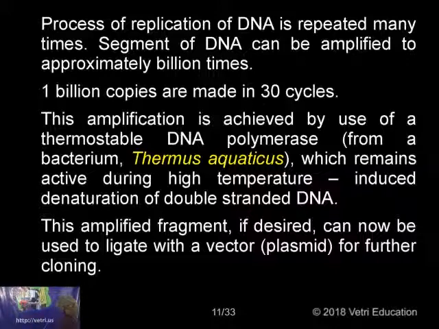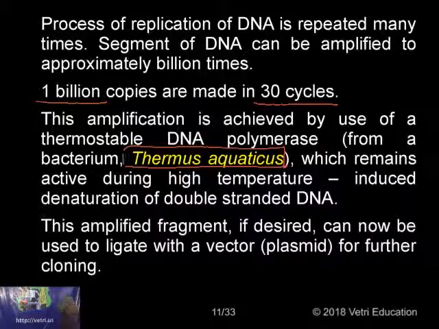In 30 cycles, you will be able to make 1 billion copies. This amplification is achieved by use of a thermostable DNA polymerase from a bacterium, Thermus aquaticus. So Thermus aquaticus is the name of the bacterium, and you are able to get that thermostable DNA polymerase.